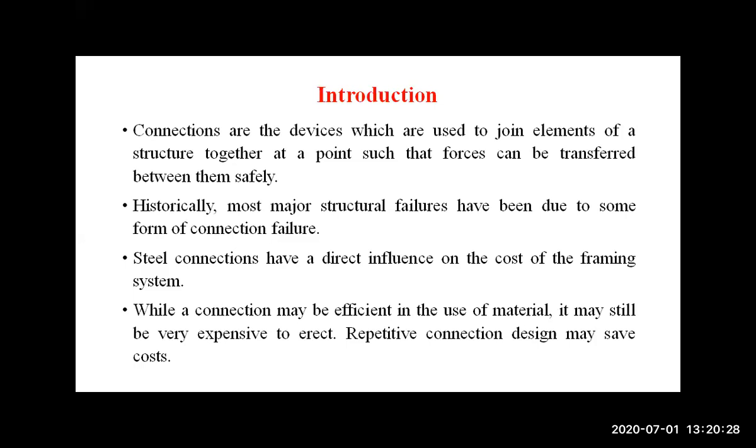So initially we are designing the connections, where two members are connected by bolted or welded connection. We have to learn how to design the welded connection, how to design the bolted connection, and the design procedure for these members using these two connections. Again, steel connections have a direct influence on the cost of the framing system.